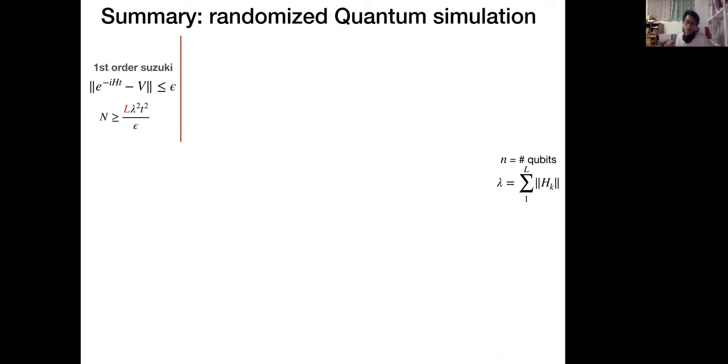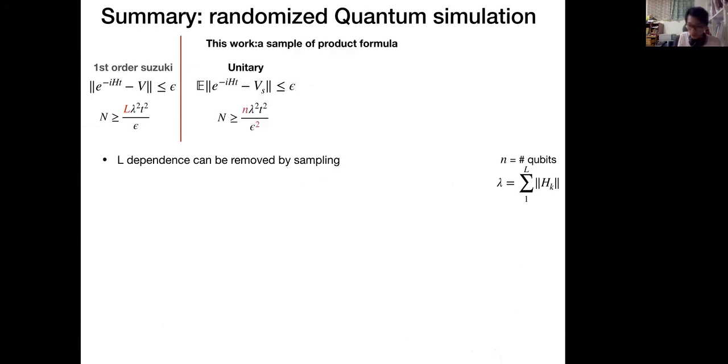Okay, and let's just have a summary. Today we're talking about quantum simulation in the context of randomized construction of product formulas. We started with first order Suzuki formulas, and there's this factor of L, the number of terms, which sometimes can get pretty large. And we show that by just randomly sampling a gate sequence, you can get rid of the L. Okay.